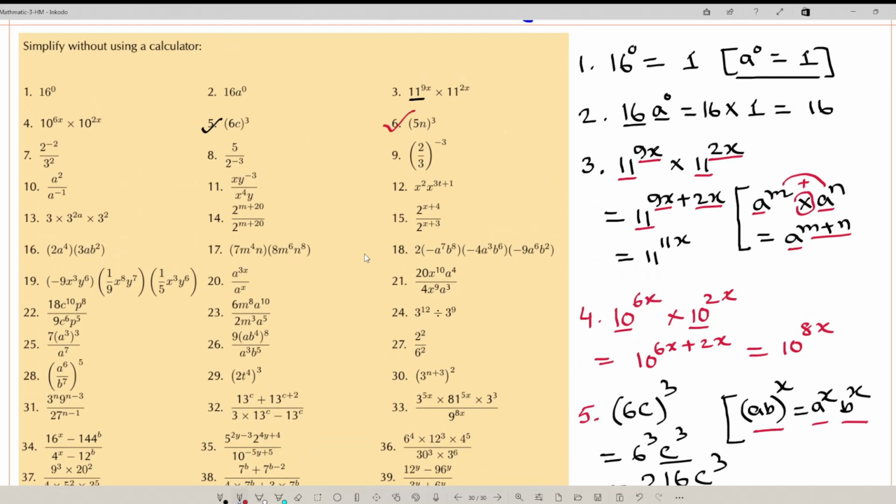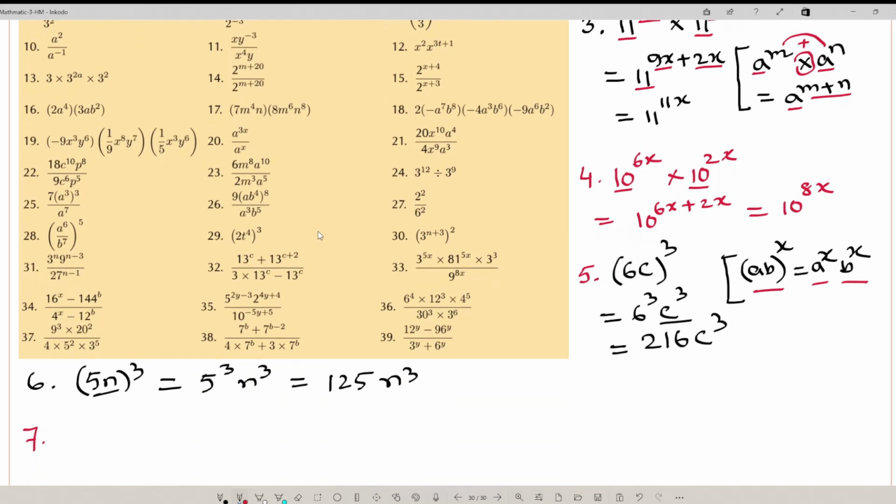Now number 7. 2 to the power minus 2 divided by 3 square. So we know 3 square means 9, and this 2 to the power minus 2, we first write 1 divided by 2 square. Why?